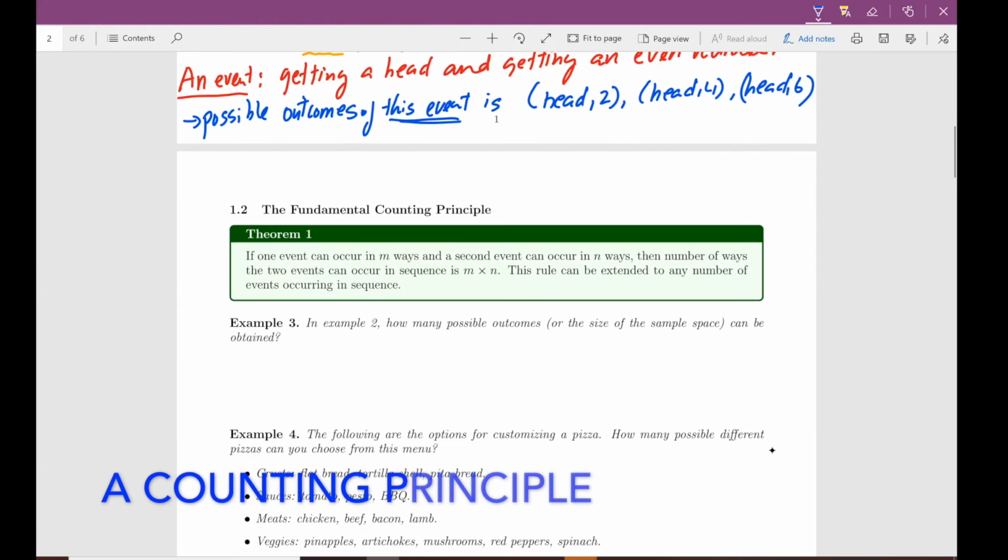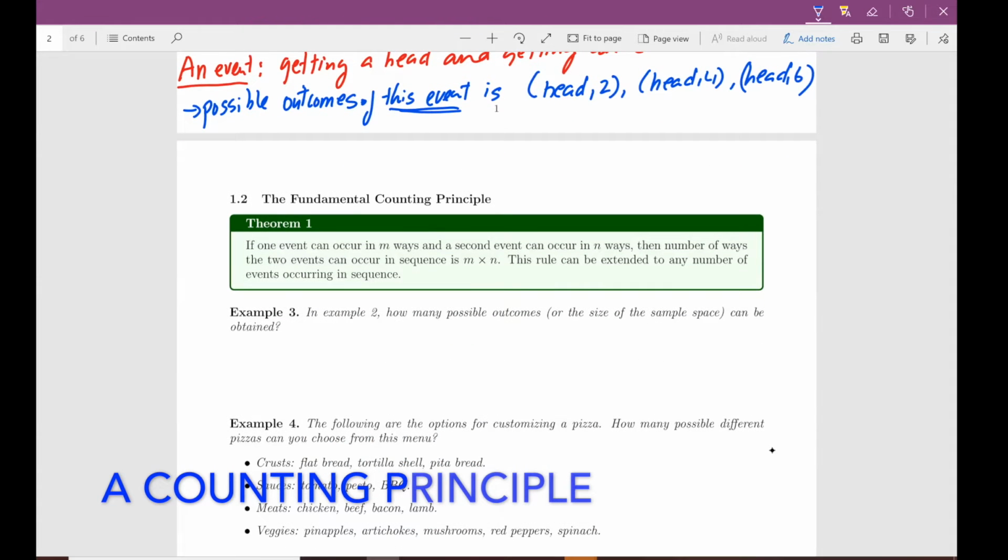So the principle says, if one event can occur in m ways and the second event can occur in n ways, then the number of ways the 2 events can occur in sequence is m times n. This rule can be extended to any number of events occurring in sequence.